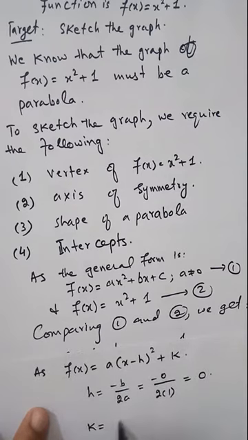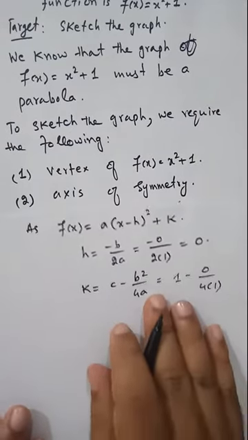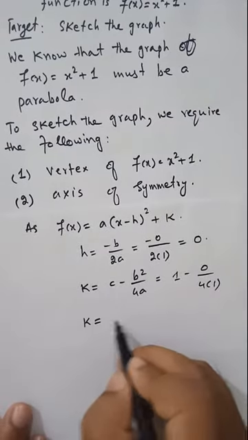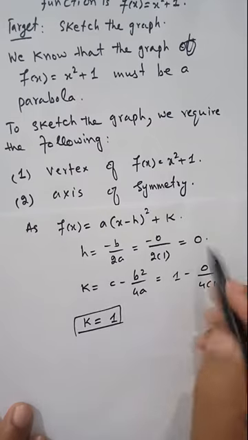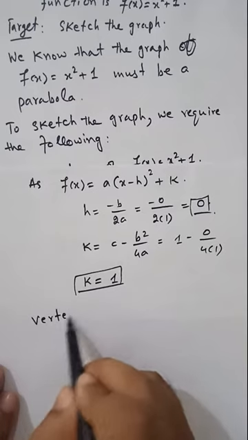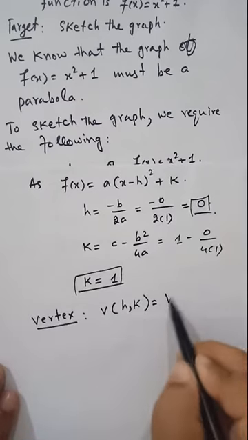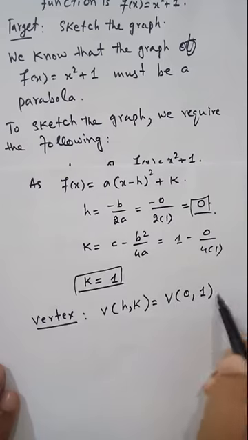And k is equal to c minus b square divided by 4a, so c is 1, b is 0, and that is 1. So k is equal to 1 and h is equal to 0. So the vertex, which is (h, k), is equal to (0, 1). So this is the vertex.